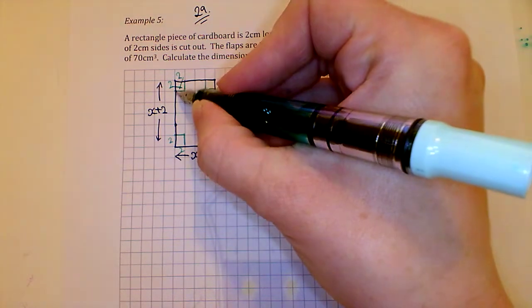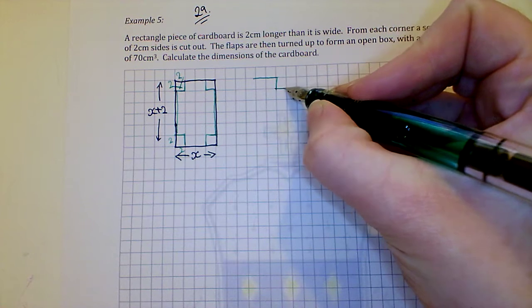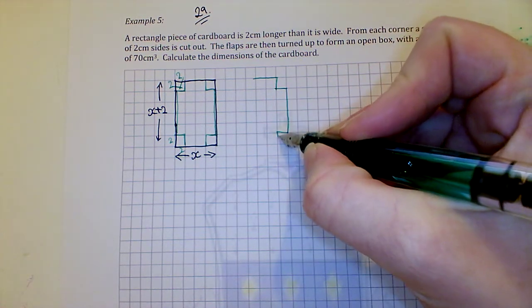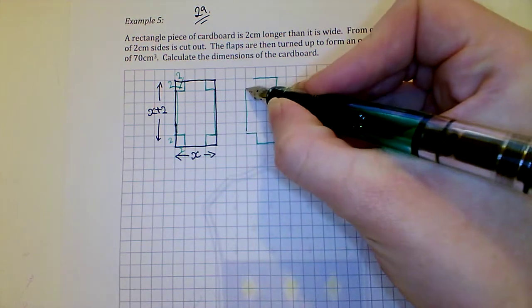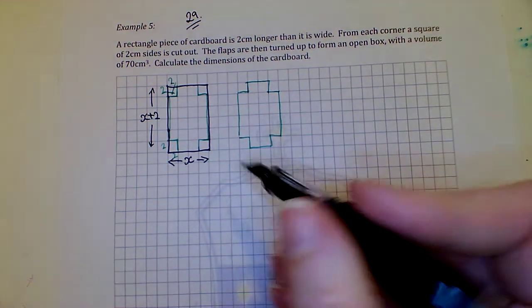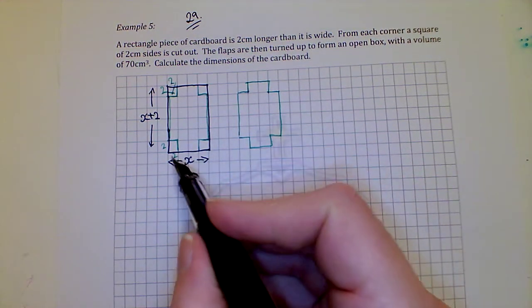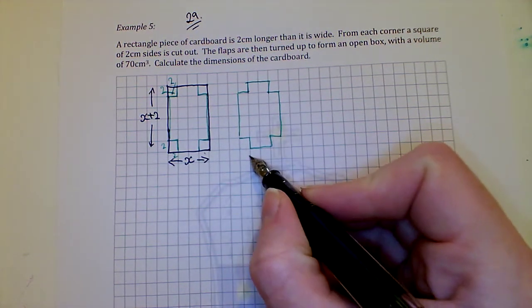And how has this changed things? Well, now I have a shape that looks like this, with 2 centimeters cut from each corner. Initially, this was x wide, but now I have to subtract 2 from each side here.